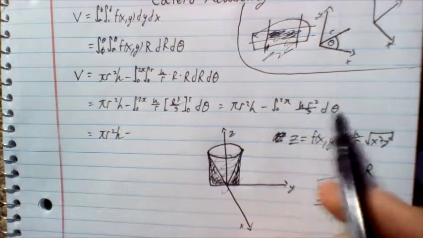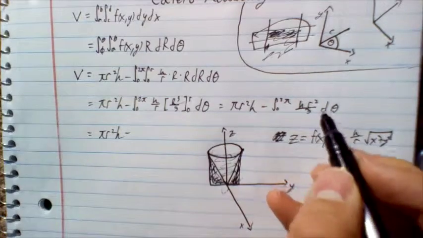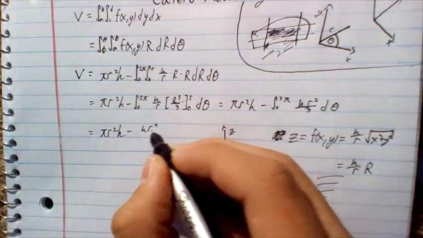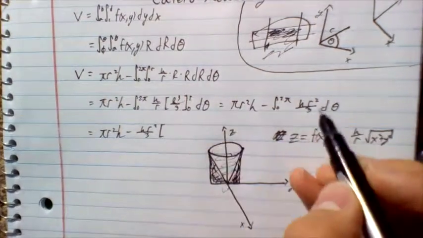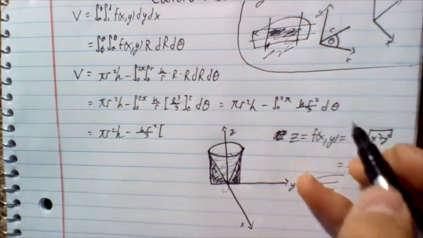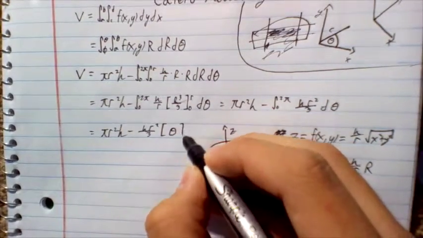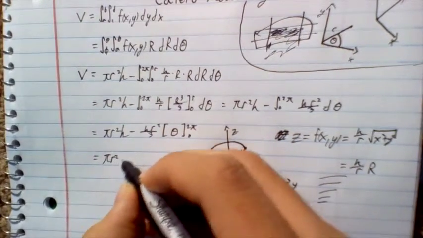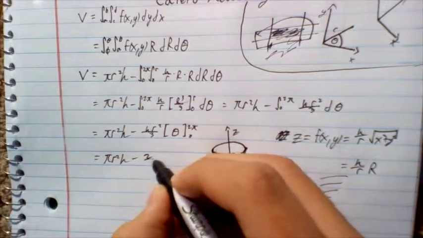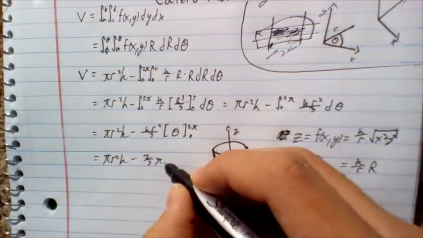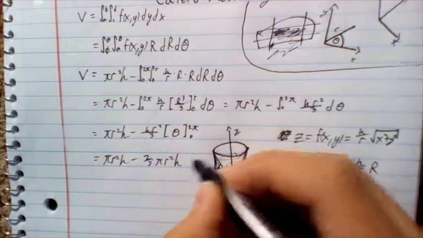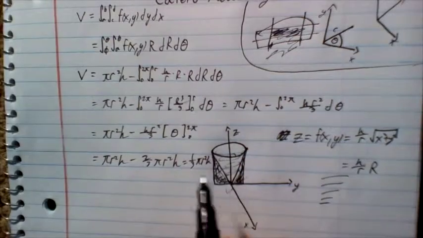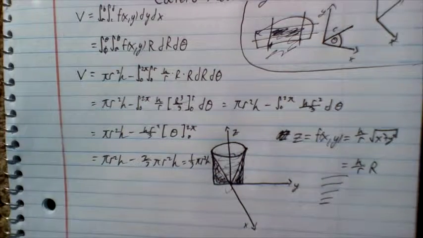Okay, so now the integral of this little guy is, we can take everything out, and we'll have h r squared over 3 times the integral of 1 with respect to theta, which is going to be theta, from 0 to 2 pi, which is equal to pi r squared h minus 2/3 pi r squared h, which is equal to something that we all know very well, 1/3 pi r squared h.